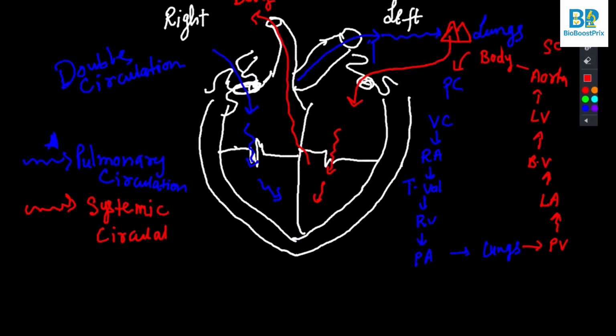So this is systemic circulation and this is pulmonary circulation, right? So here if I write the names, this is the left atrium, left ventricle and aorta. The red line shows the systemic circulation and the blue line shows the right atrium, right ventricle and pulmonary artery.